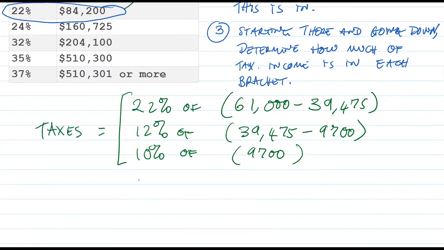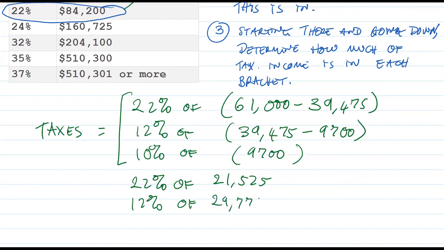So let's calculate. 22% of 61,000 minus 39,475 is 21,525. 12% of 39,475 minus 9,700 is 29,775.